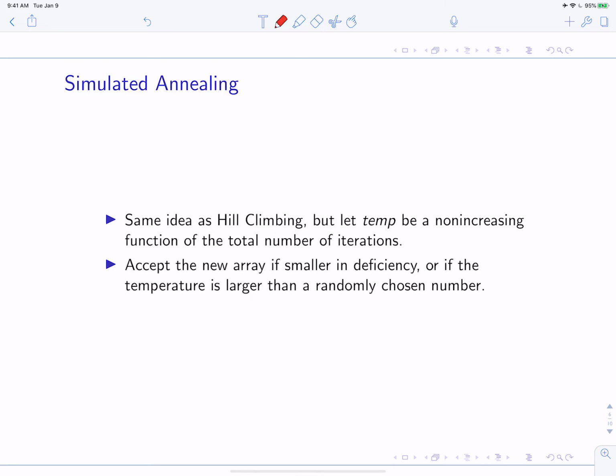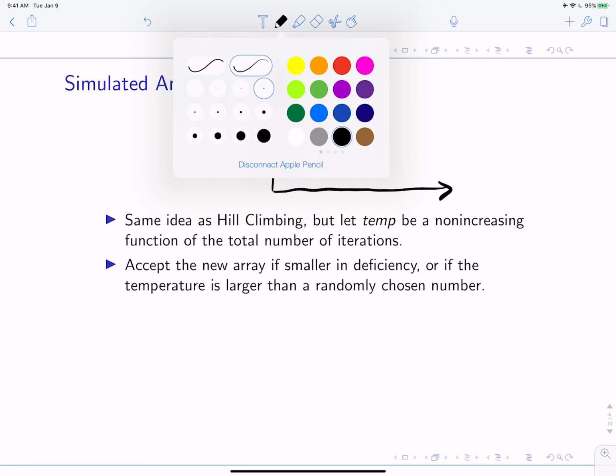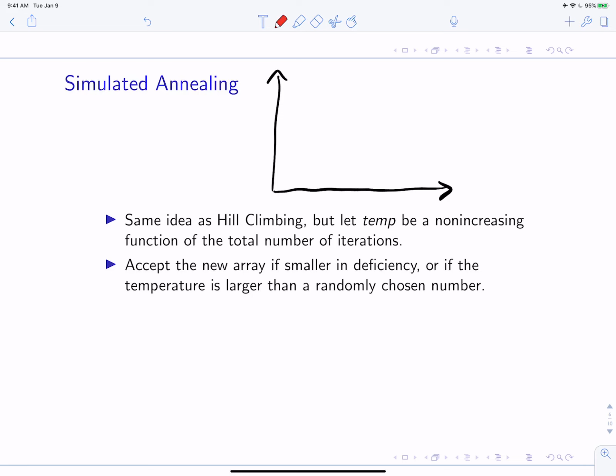And so basically, what's the idea here? It's kind of like the Great Flood algorithm, but we're going to do a hybrid of hill climbing and the Great Flood at the same time. So we're going to, again, have a function that goes down like this, just like the Great Flood algorithm. So something like this. And again, the horizontal axis is number of iterations.